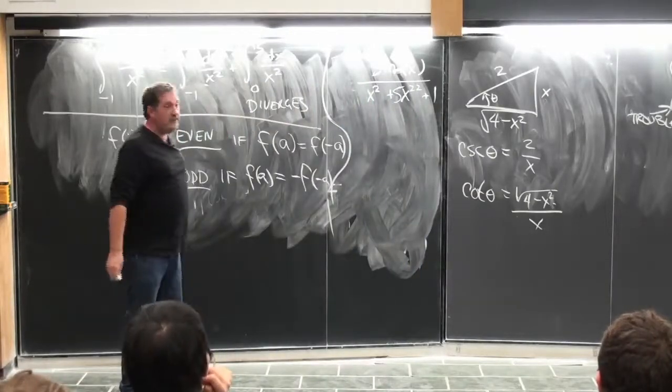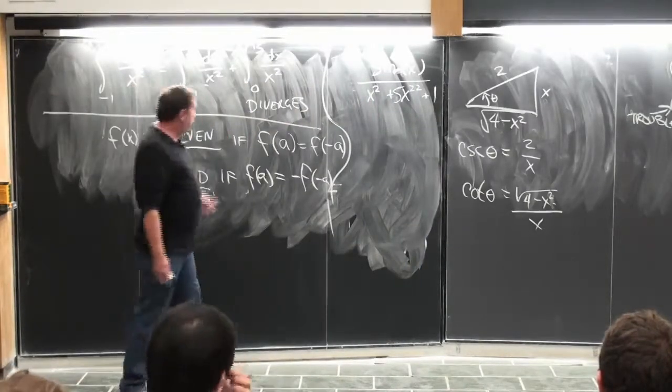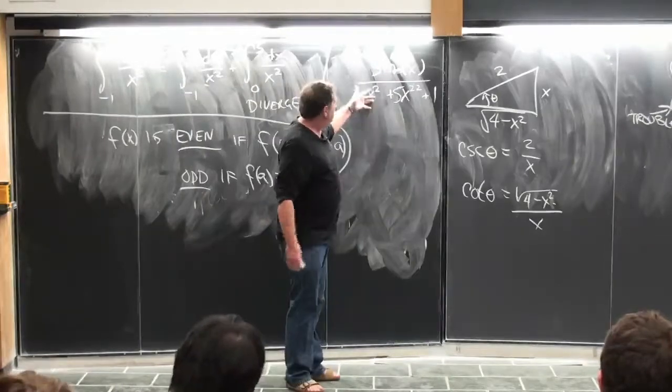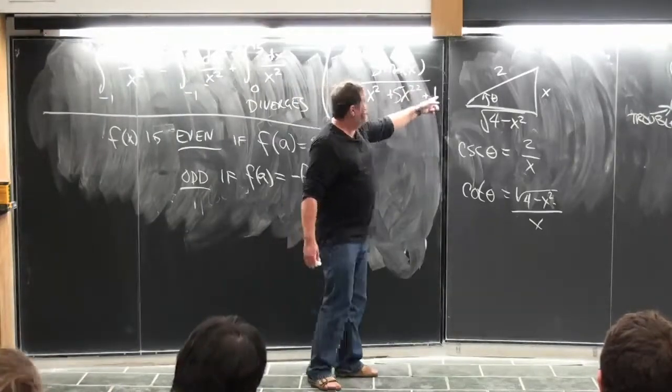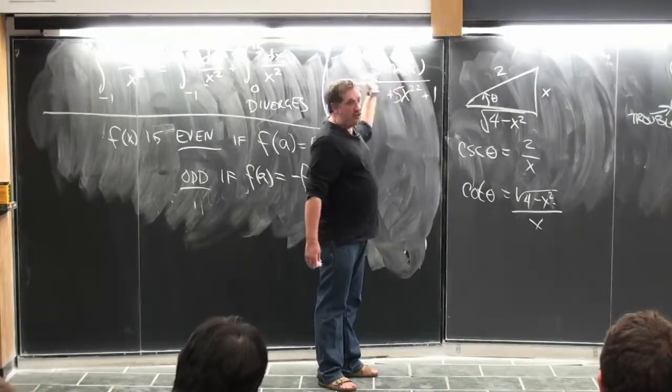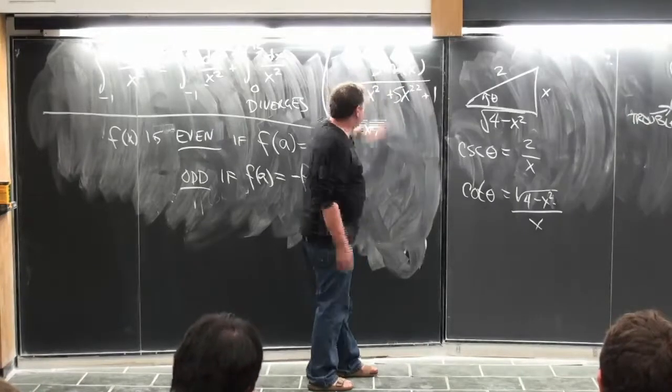So this function is odd, because when I plug in negative x, this stays the same, this stays the same, this stays the same, this changes sign. So this is odd.